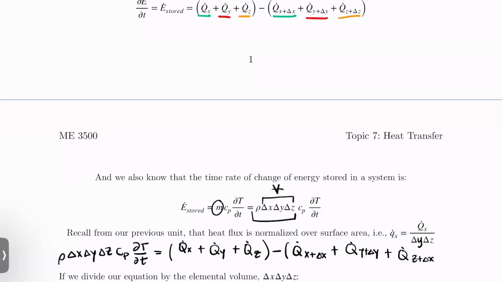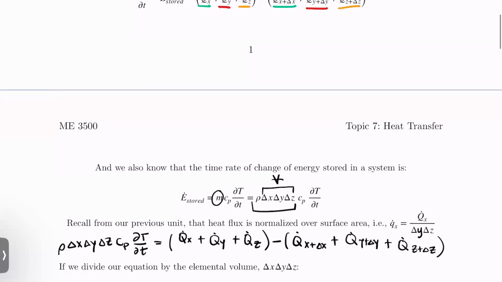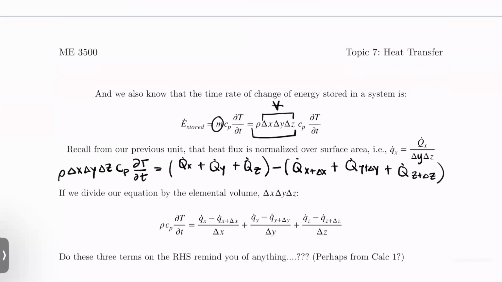If we divide through by the volume, delta x, delta y, delta z, what happens is we get rid of this, and then all of these become lowercase q's.